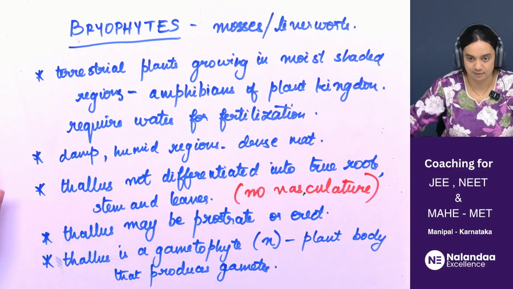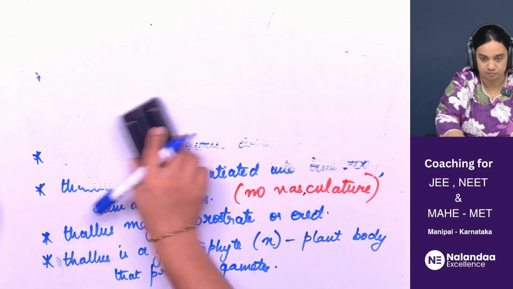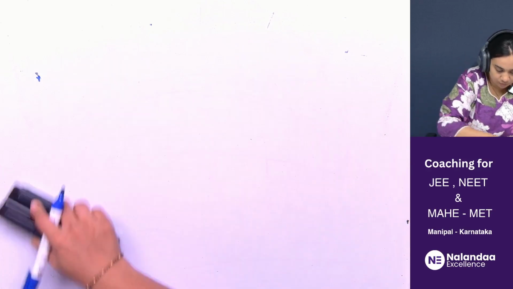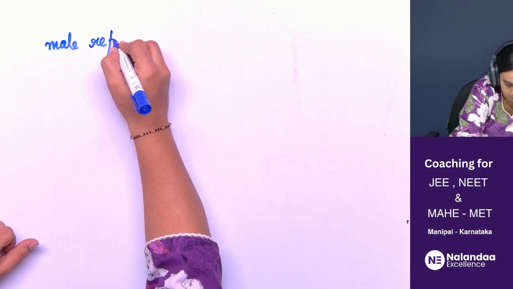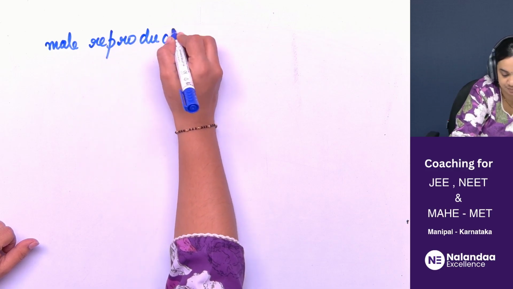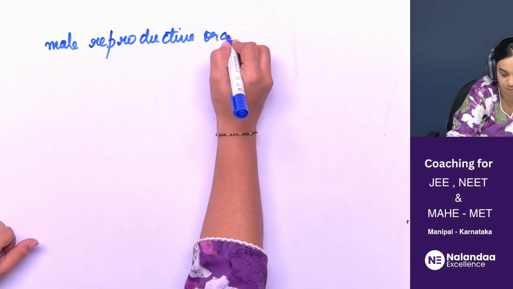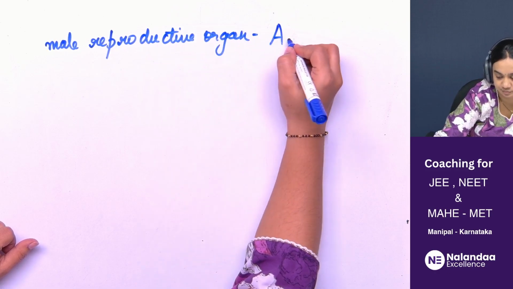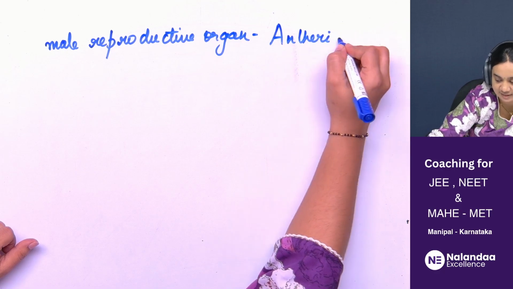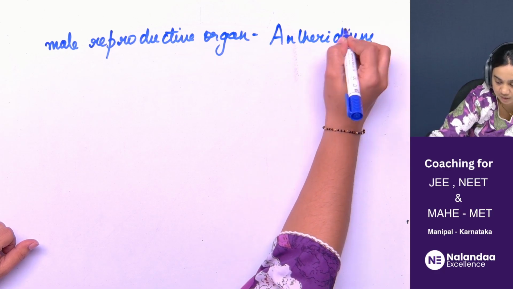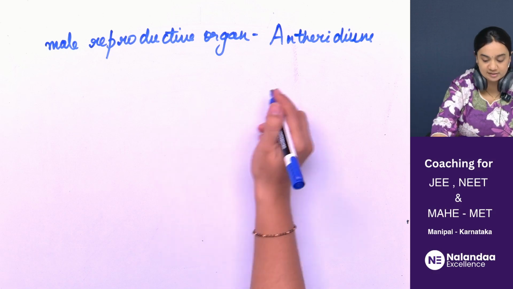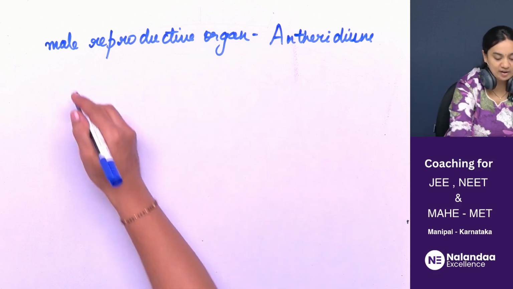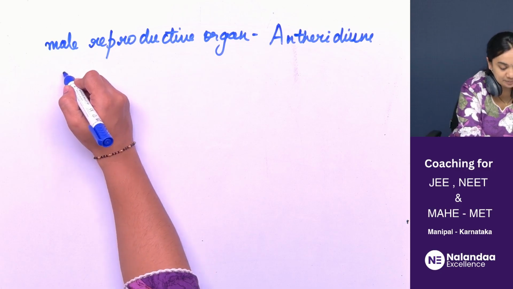Okay, now can I erase this? So the gametophyte is going to produce specific male reproductive organ called antheridium. The antheridium is a multicellular structure. Okay, so the sex organs, or reproductive organs in bryophytes, are small but multicellular.